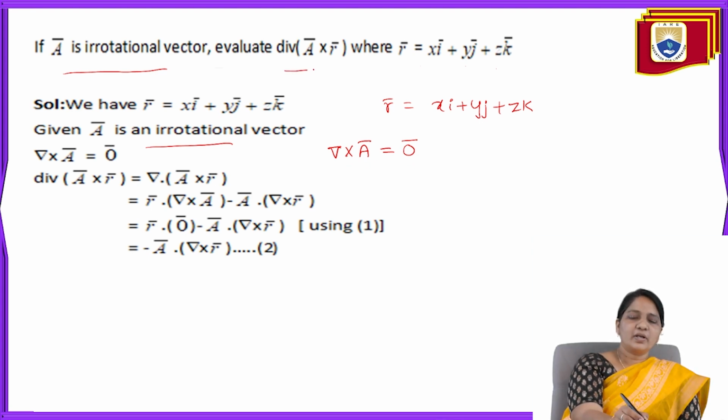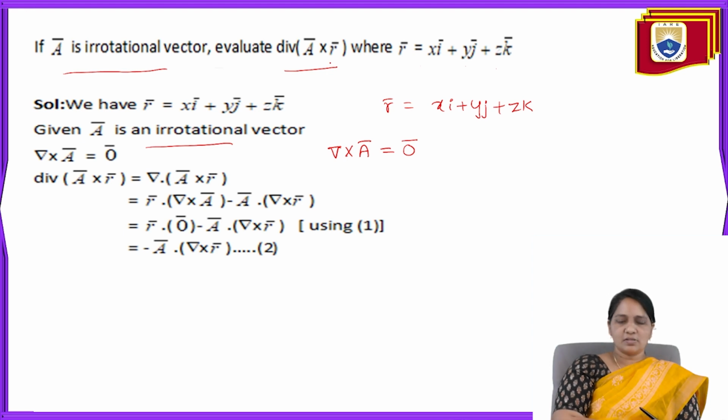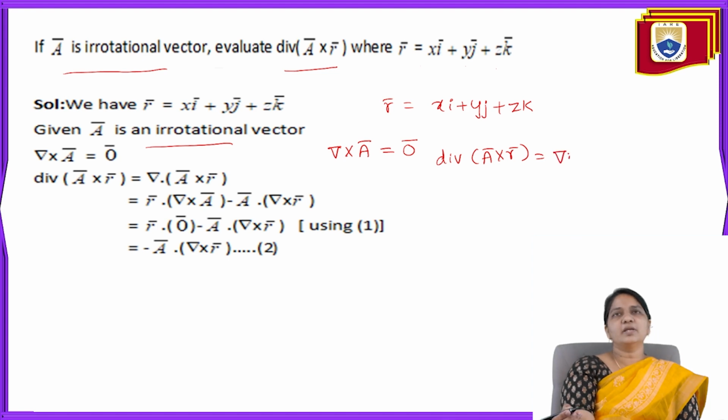So, what we have to find here? The divergence of A bar cross R bar. Divergence means we can write this as a dot product: del dot A bar cross R bar.